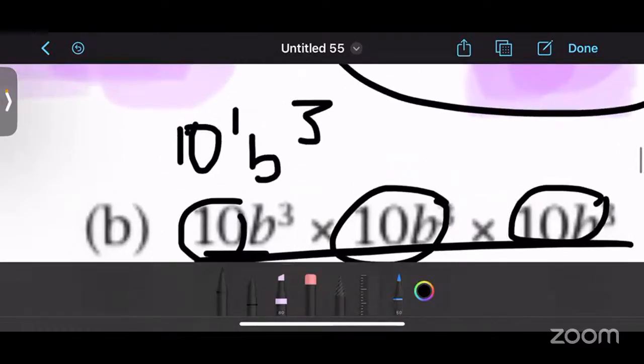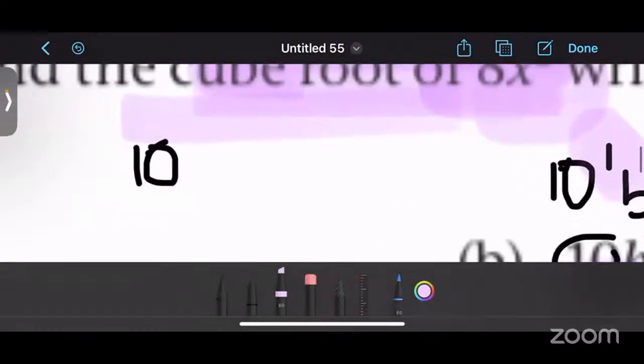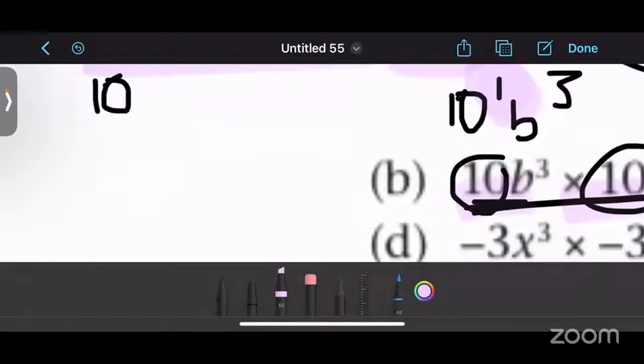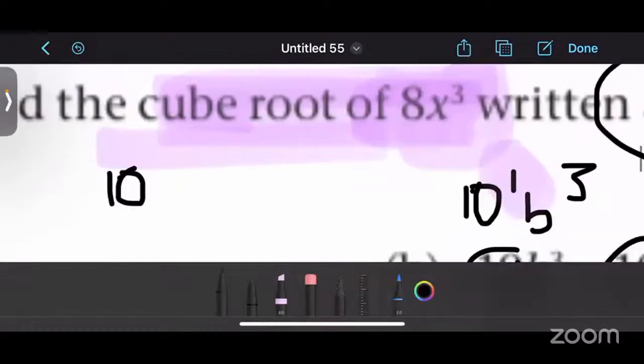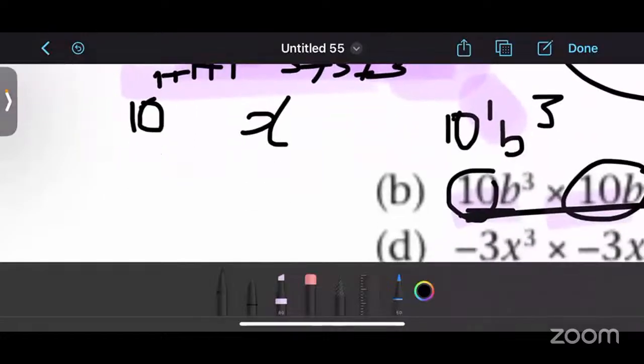When you are adding the exponents, there is no need to write 10, 10, 10, because this 10 will be representative of all the 10s. So we have 10 to the power of 1 plus 1 plus 1, and then b has an exponent of 3 plus 3 plus 3, which is going to be 10 to the power of 3, b to the power of 9.